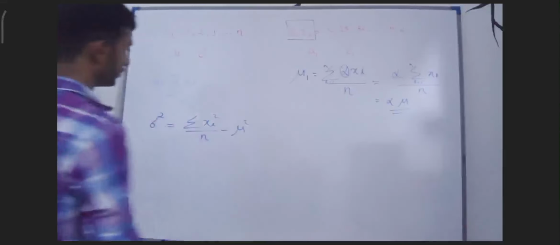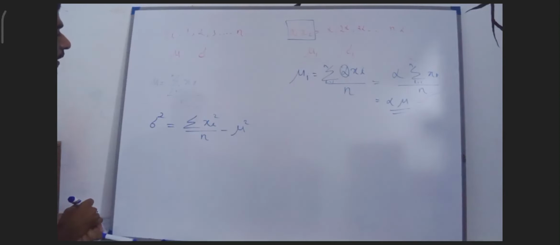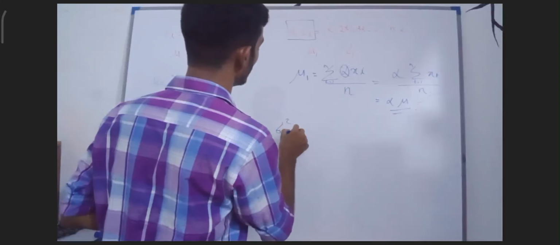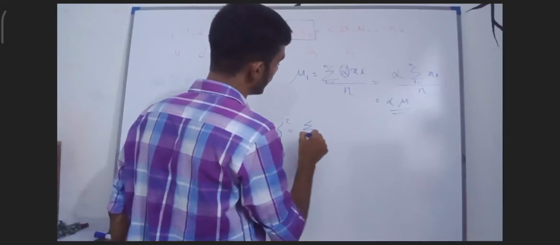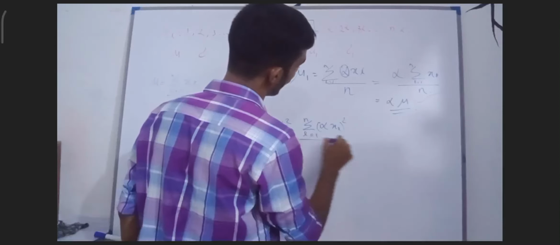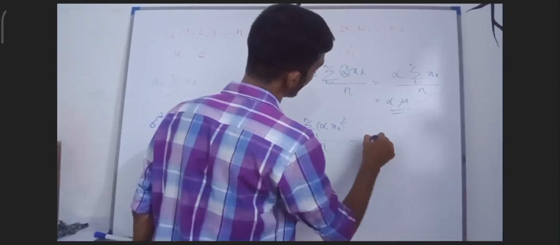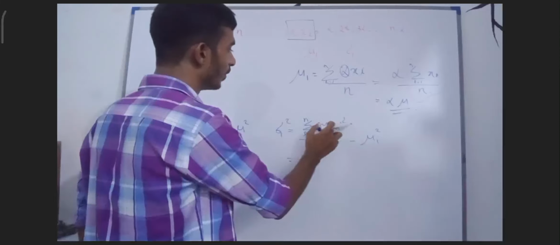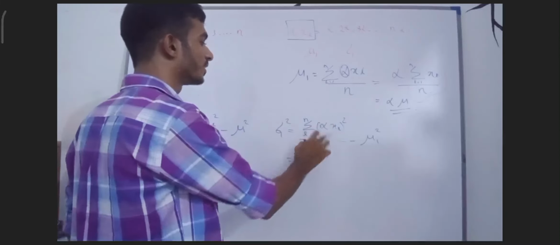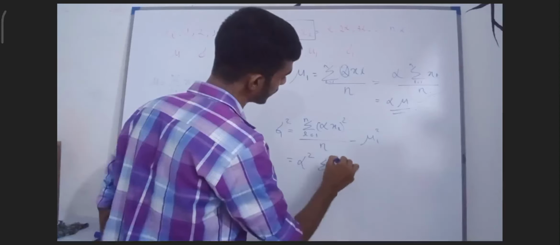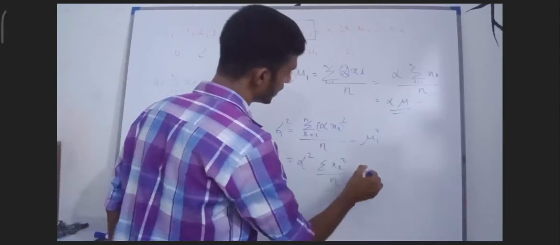Now sigma 1 squared is equal to summation of i equal to 1 to n of alpha xi whole squared, divided by n, minus mu 1 squared. Here it will give you alpha squared. Since alpha squared is a constant, I can take it out: alpha squared summation of xi squared over n minus mu1.